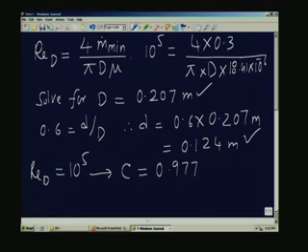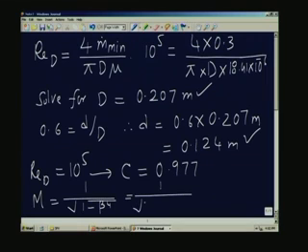So if the value of C is given, I can calculate now m. The velocity of approach factor is 1 over square root of 1 minus beta to the power of 4. So 1 over square root of 1 minus 0.6 to the power of 4, and the value of m happens to be 1.072. So I use equation 6.